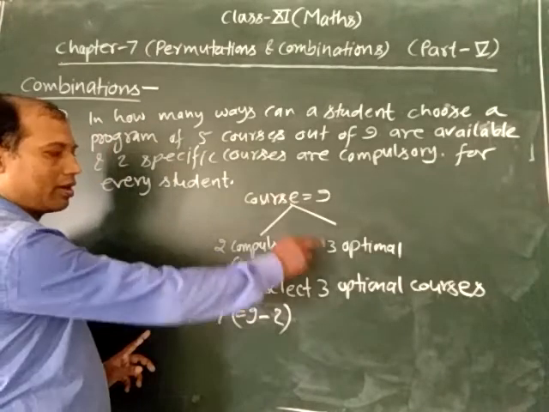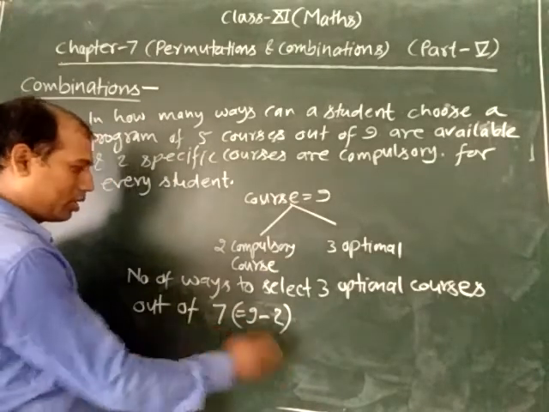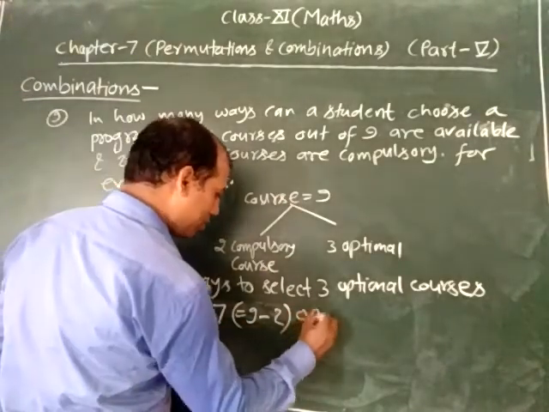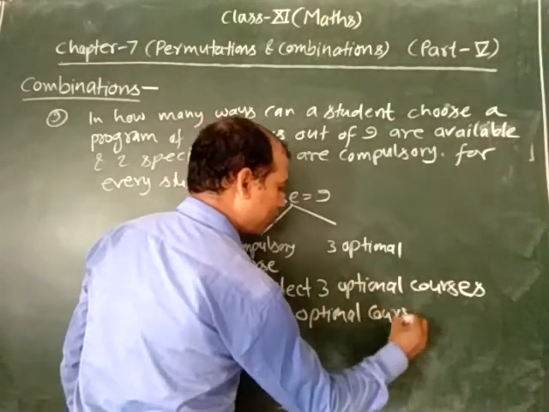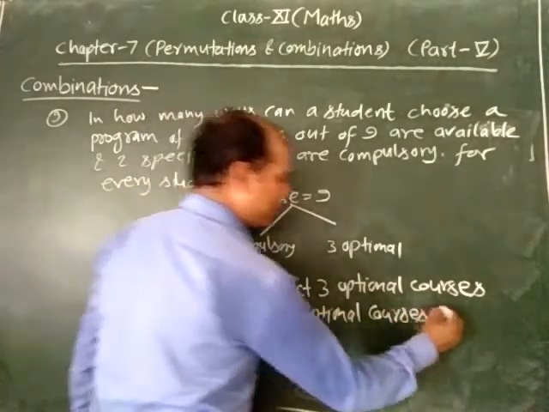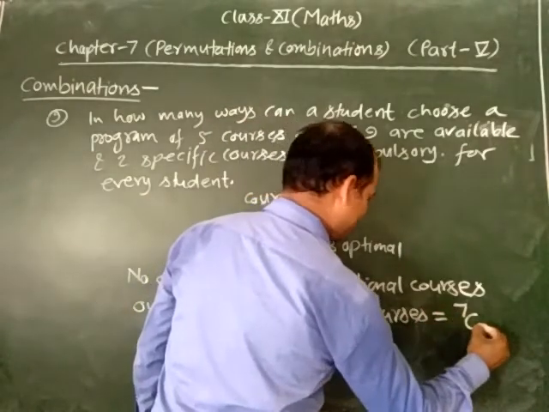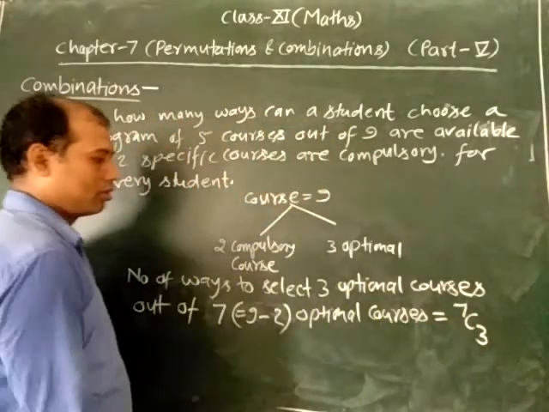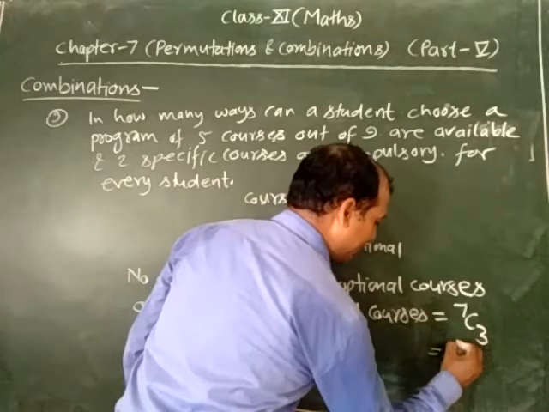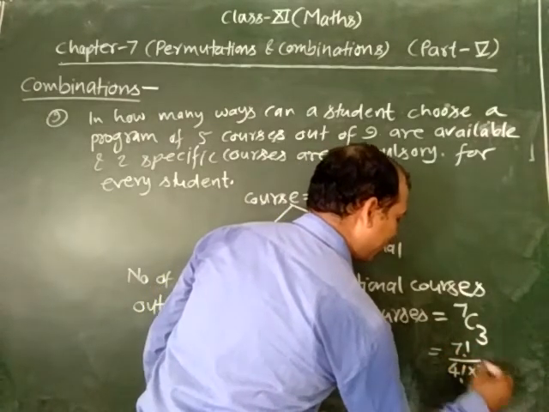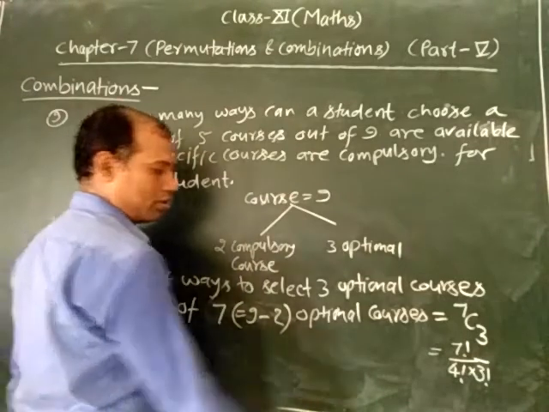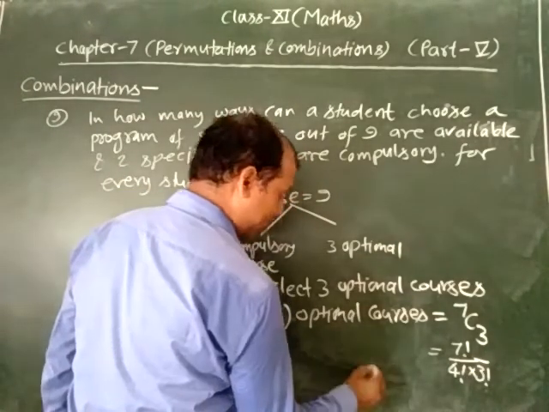There are 7 optional courses. Out of 7 optional courses, the number of ways is equal to 7C3, and the value of this can be calculated as factorial 7 by factorial 4 into factorial 3. We can solve this.